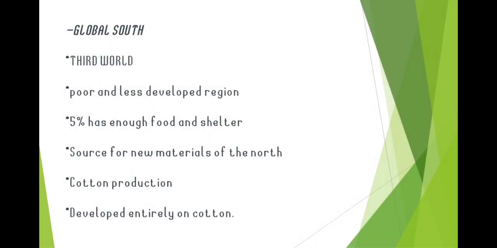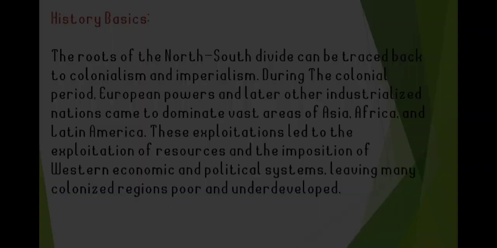And obviously the third world, the global South, a poor and less developed region, only 5% has enough food and shelter, and some of the resources came from the North, such as cotton production and development entirely on cotton.